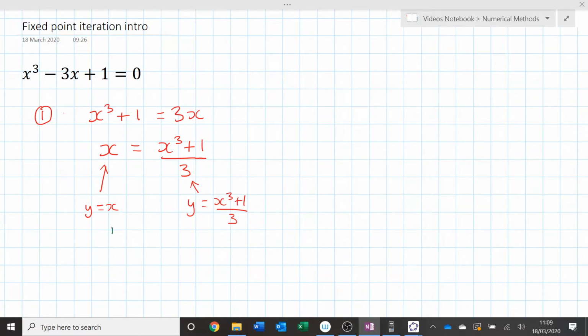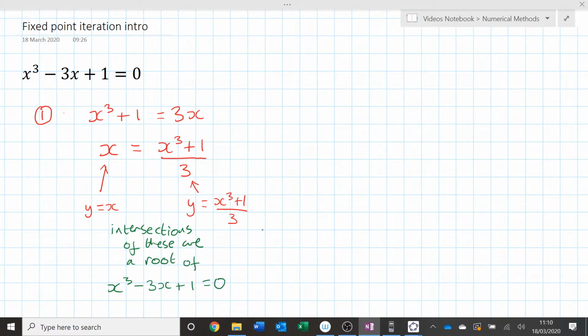So I'm going to write that down. Intersections of these are a root of x cubed minus 3x plus 1 equals 0.